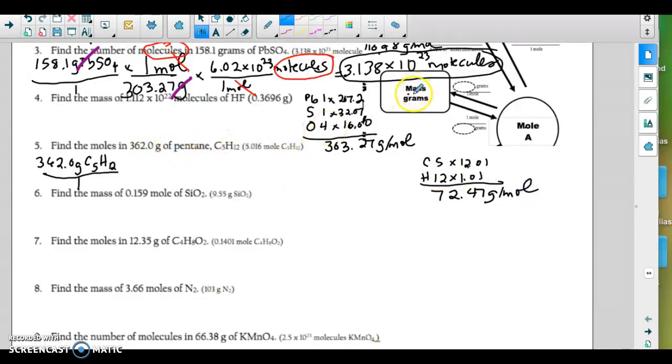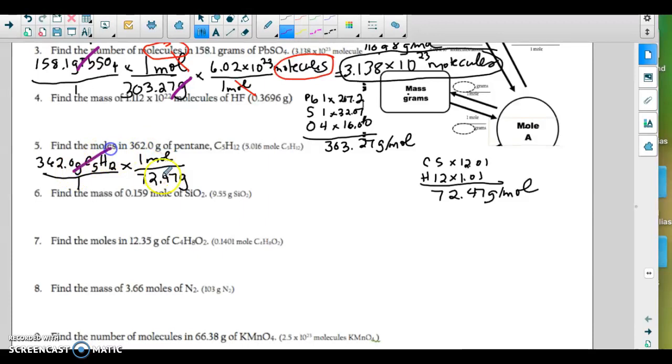So again, I'm right here, and I want to go to mole, and that's it. This time I don't need to use Avogadro's number. So what I'm going to do is, and you can see I have this, and you'd want to memorize this and be able to write it with a marker on yours when you take your quiz coming up. So 1 mole is going to go on the top, and in 1 mole it has a mass of 72.47 grams.